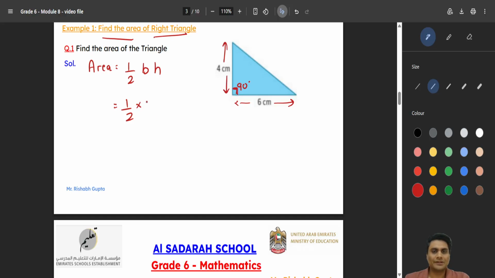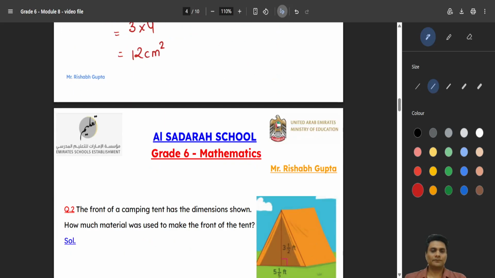So half of 6 times 4. Now here I can do 6 divided by 2. 6 divided by 2 is 3. So finally I will get 3 times 4, which is equal to 12. 12 what? Centimeter square. The unit is centimeter here. So centimeter square.